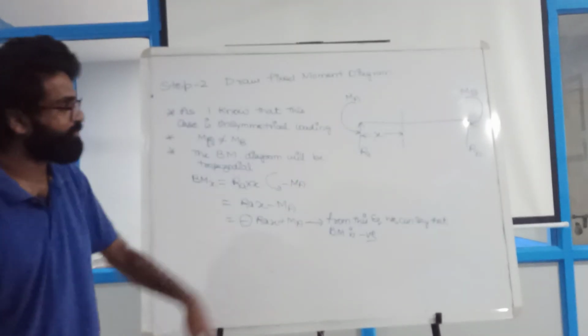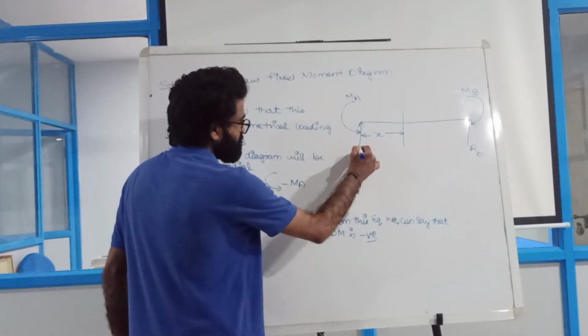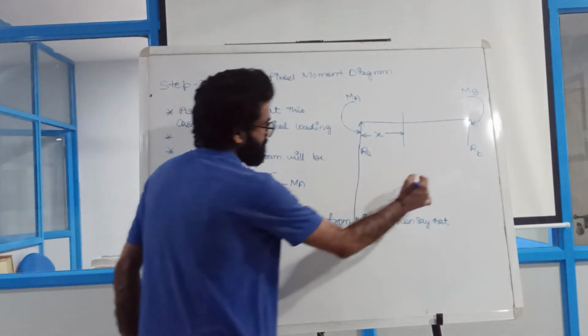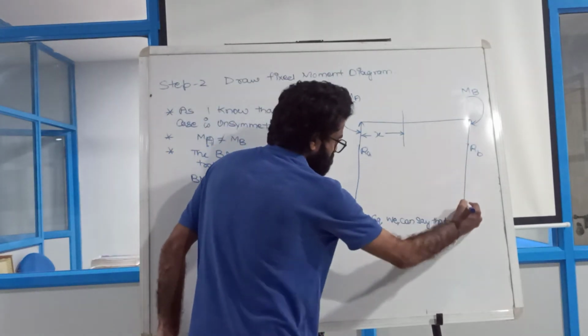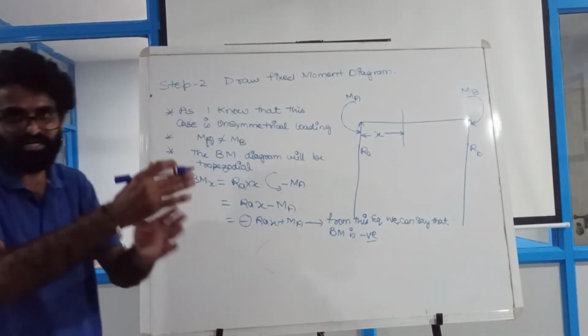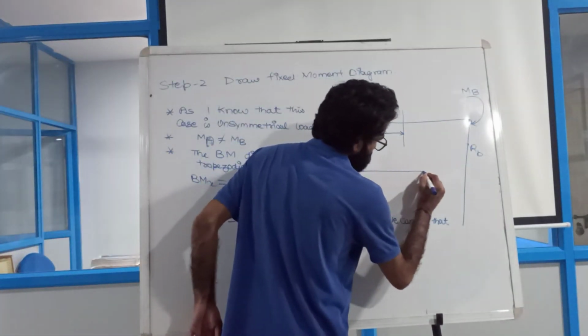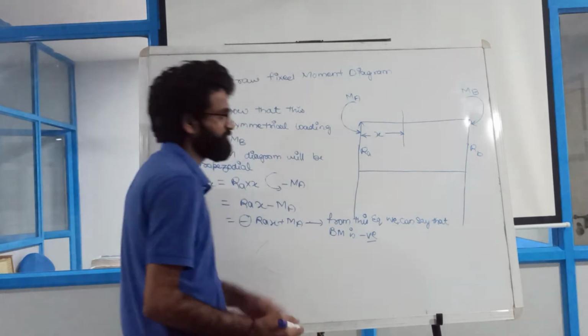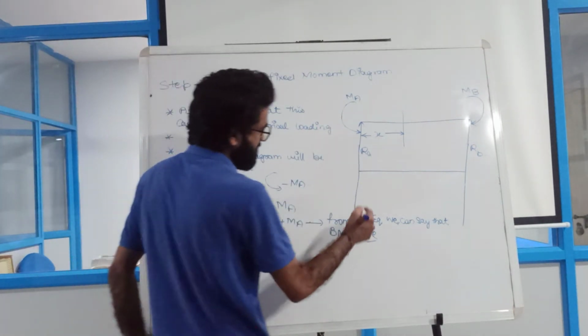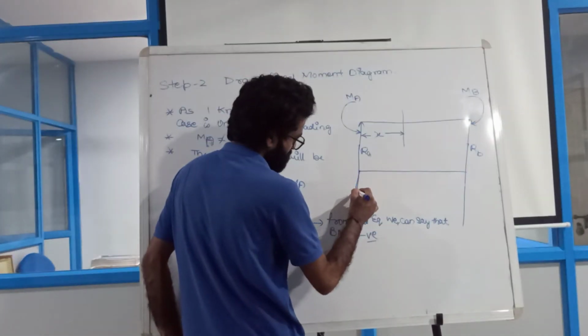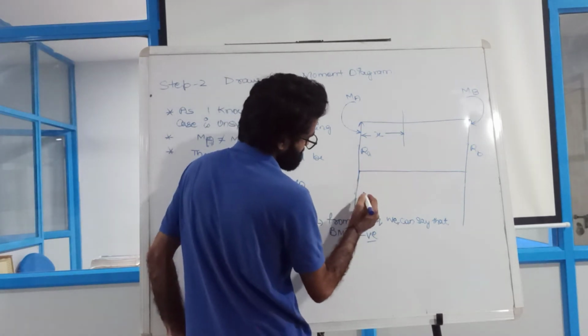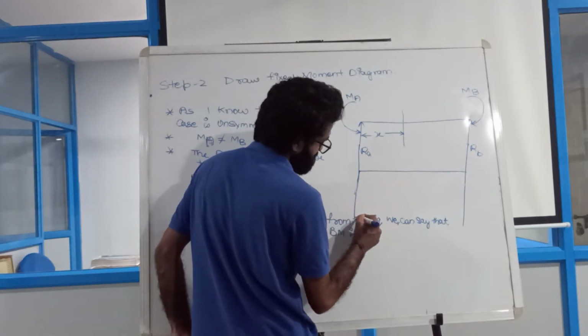So let us draw the particular diagram. If I know that my bending moment is going to become negative, then negative means downward side. So my diagram will be on the downward side, and it will be in the trapezoid shape. Let us say it will look something like this.